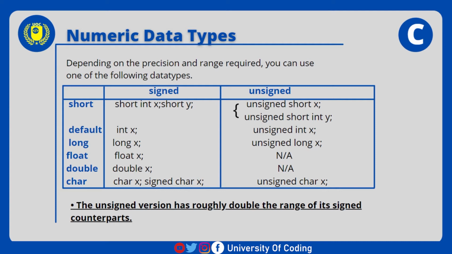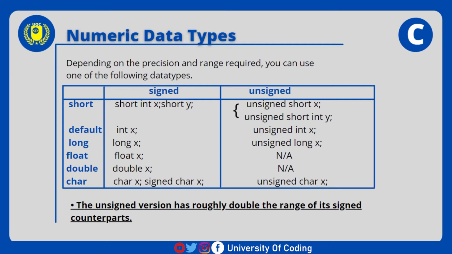the positive values of the unsigned short x declaration have doubled. So once again, if a variable is declared as a short, then the variable can have the values ranging from minus 32,768 to plus 32,767. See the range of the values of x.